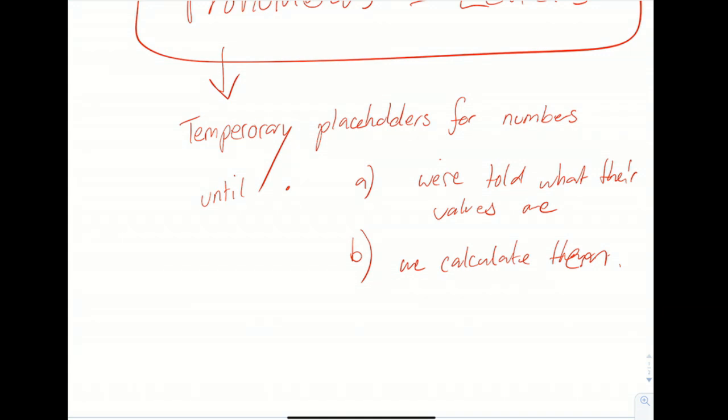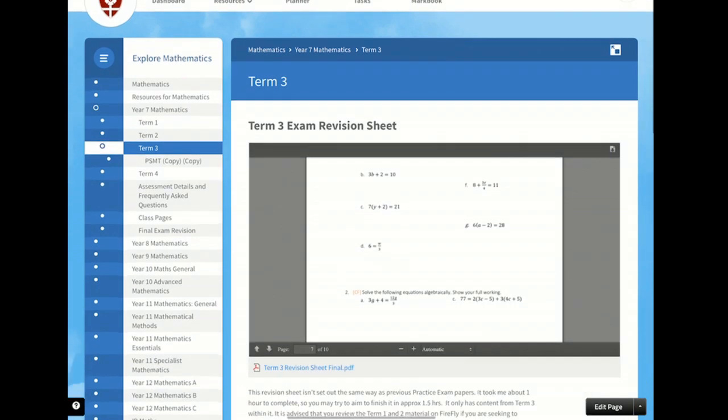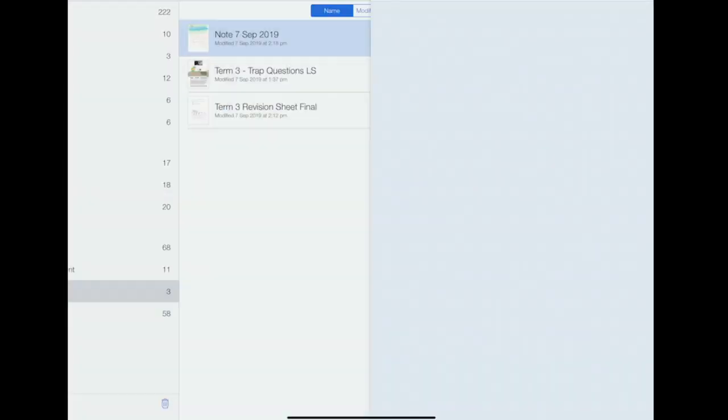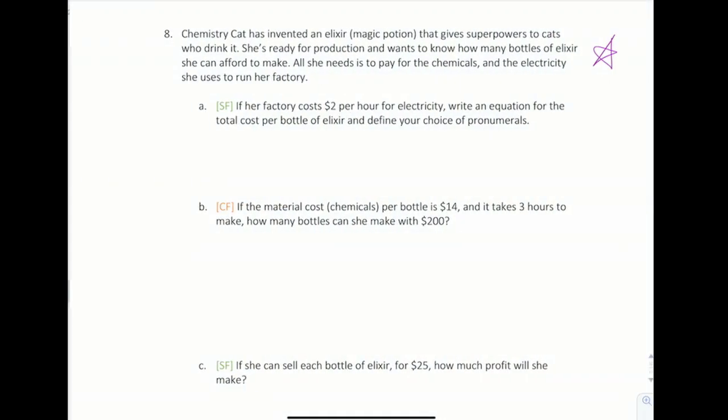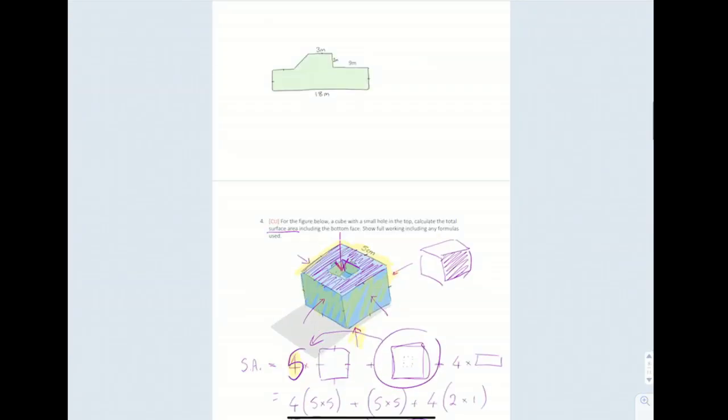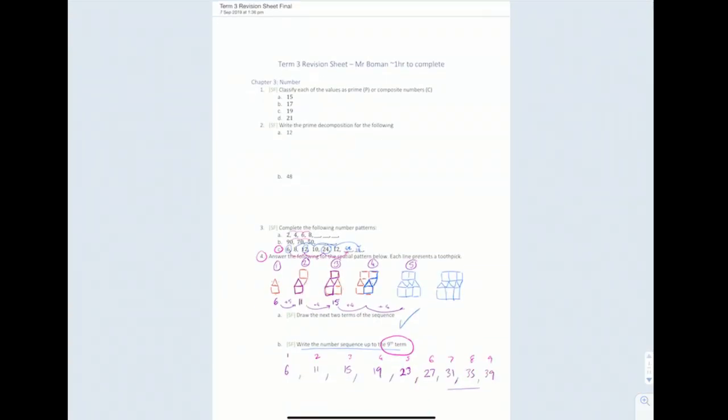I designed the real revision sheet here, so this document, which I can flip over to here. So this document that I think you guys recognize, I made this so that you could sit at home, try as much as you can, and then I would give the answers to your mum and dad.